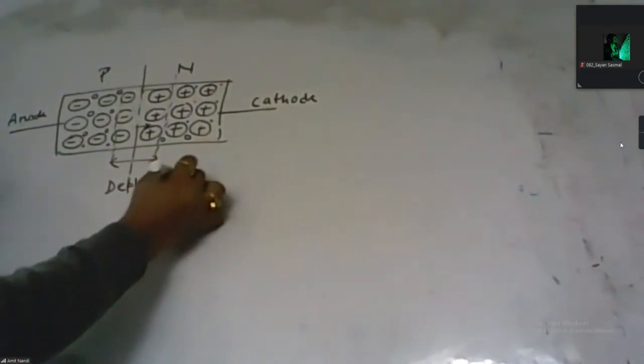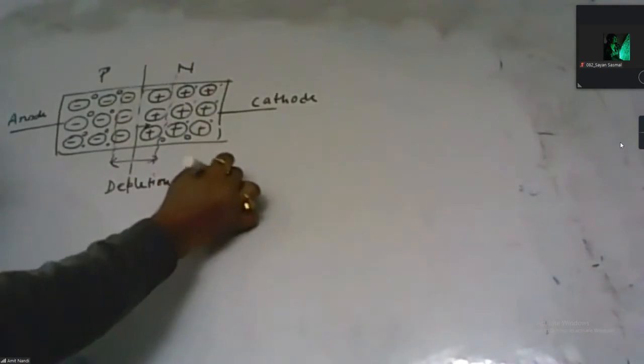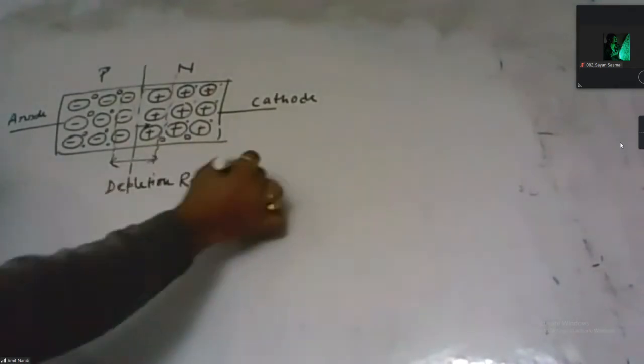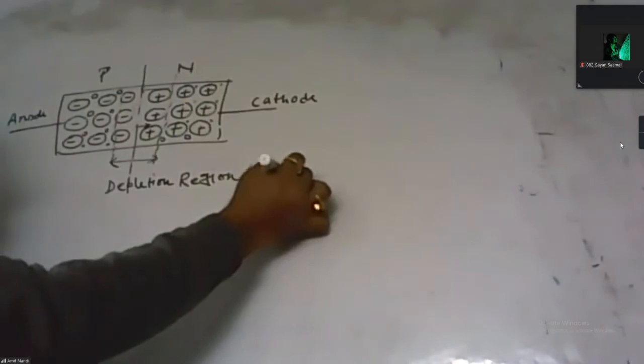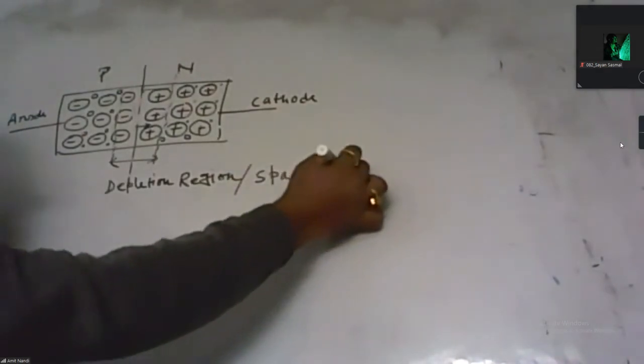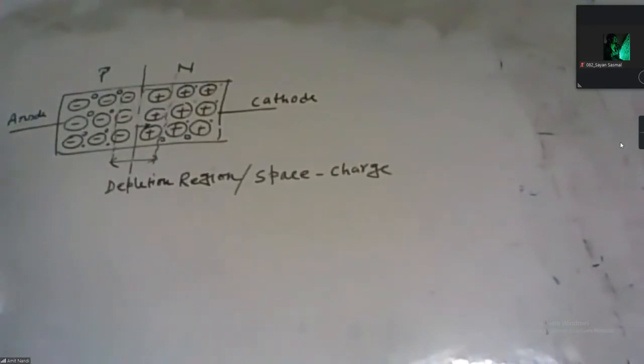In this region, no free electrons or free holes are present. That region only consists of immobile ions. These immobile ions do not carry any current and do not conduct electricity.